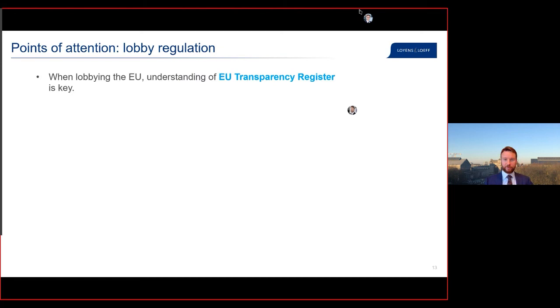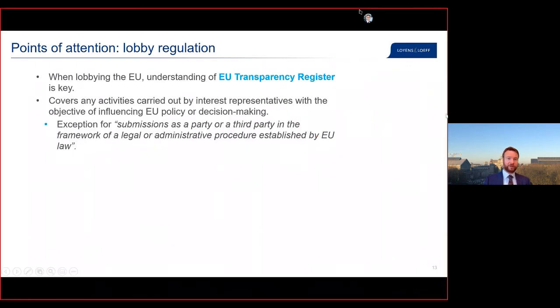Whenever there was a meeting, the commissioners themselves, the directors general and the cabinets had to check whether the people they were meeting were registered in the transparency register. That also means that if you are not registered, you lack access to the top of the Commission.